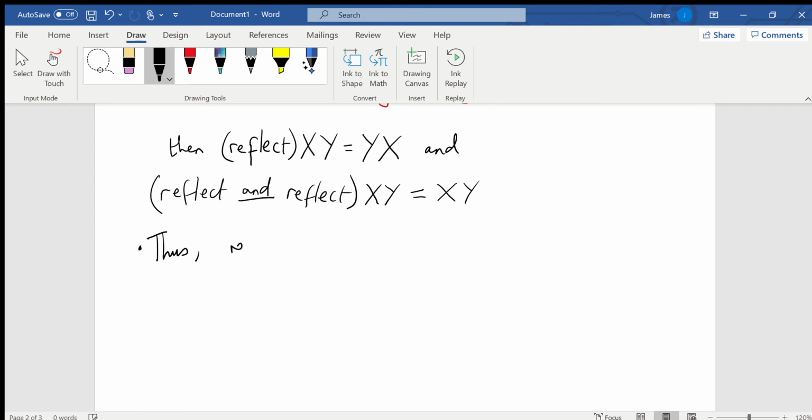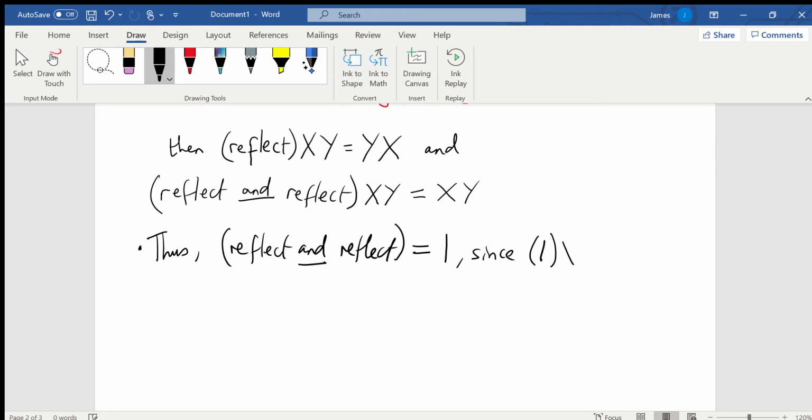Thus, that act of reflect and reflect must equal 1, since only one acting on it, shouldn't say multiply, that sounds like math. Only one acting on XY can return XY. And that's exactly what we said reflect and reflect did. It returned the original. So the act must be numerically equal to 1.